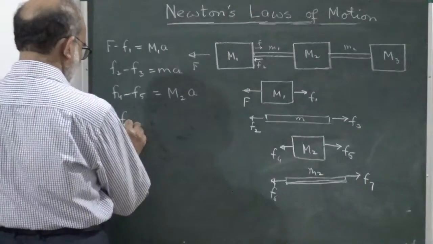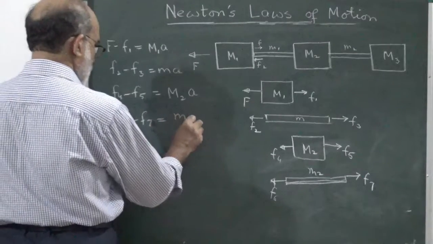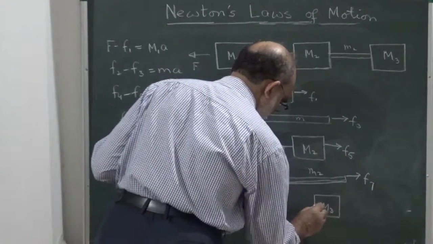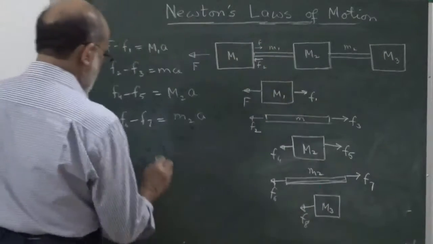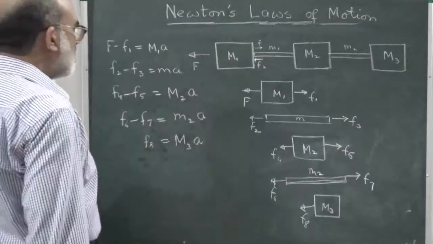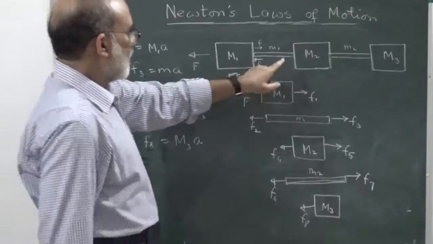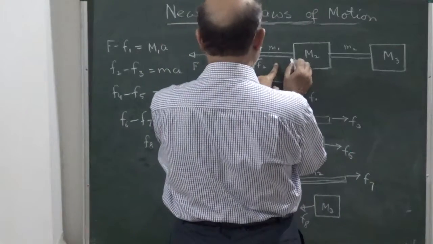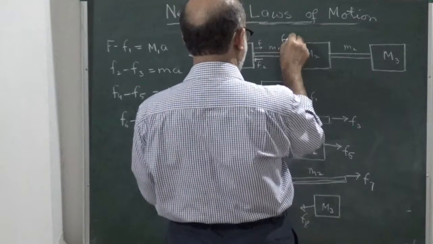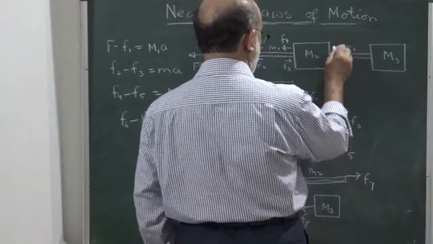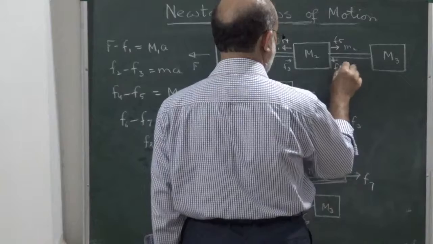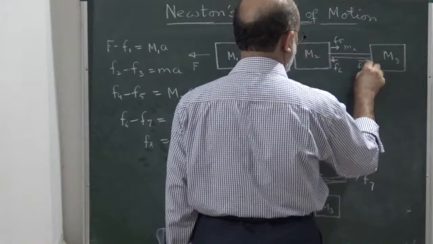So F6 minus F7 is equal to m2 a, and for the last block M3, say F8, it is F8 is equal to M3 a. Here F3, F4 are on the rope and the block, then it is F5, and here is F6 on the rope, and here is F7 on the rope, F8 on the block.